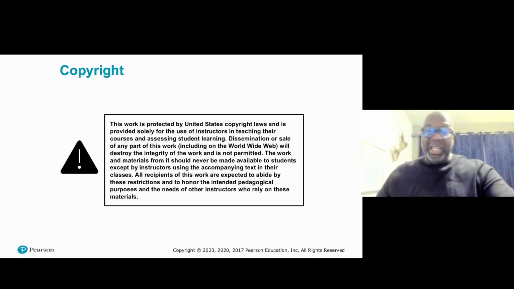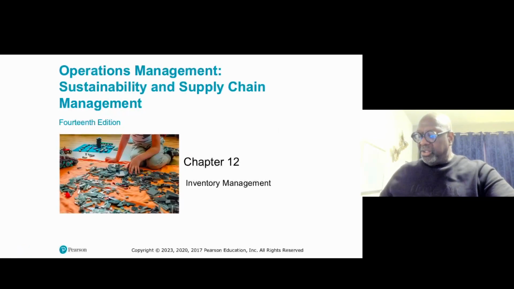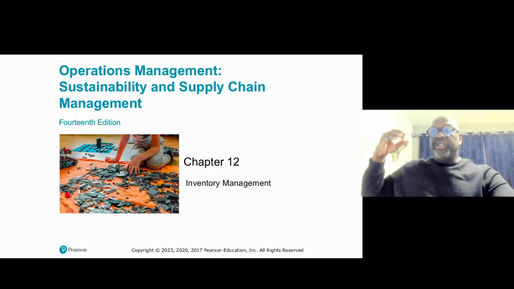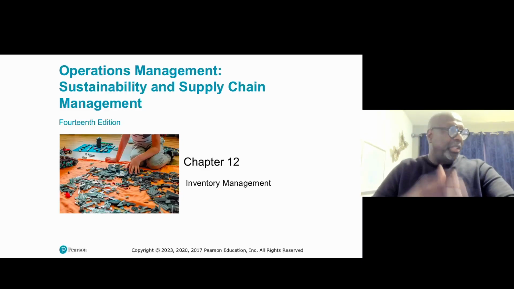So this brings us to the end of our chapter on inventory management, and it is extremely important for organizations that are either manufacturing or retailing, or even those that are providing services, where you have to manage the inventory level of the facilitating goods, the goods that you need to provide the service.